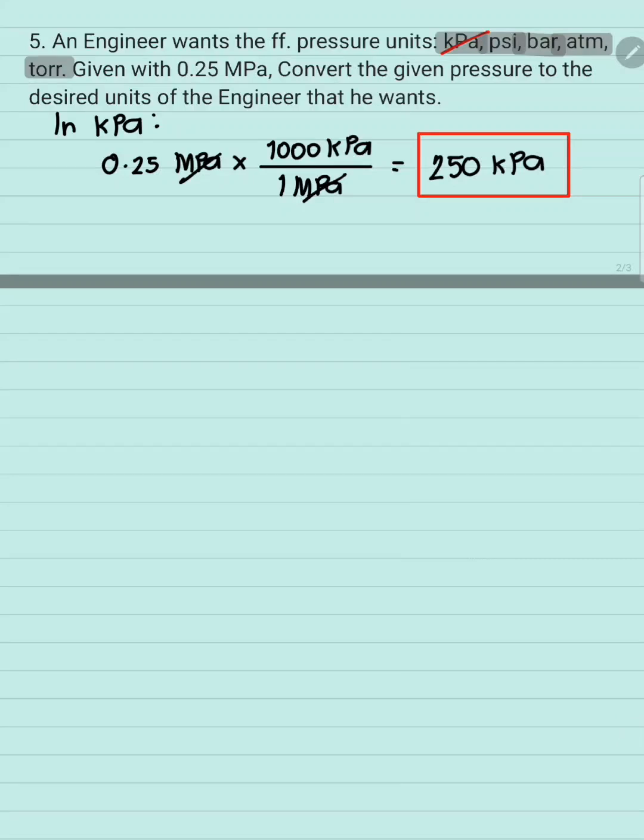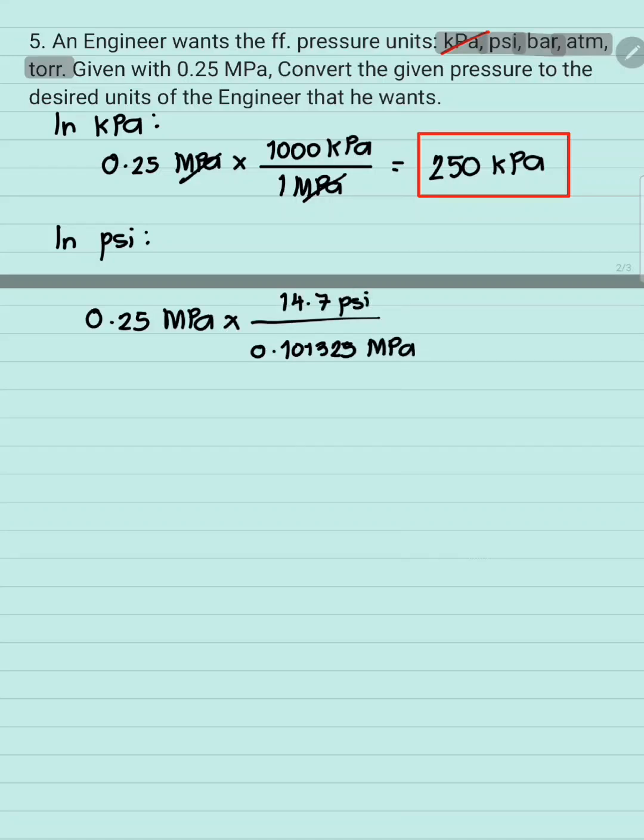Let's solve it in psi. We have 0.25 megapascal. For every 0.101325 megapascal, we have 14.7 psi.